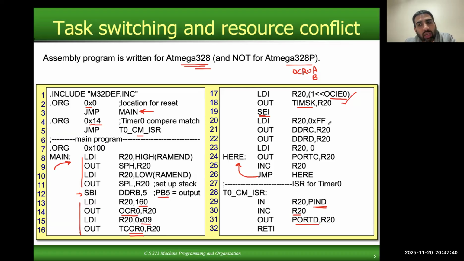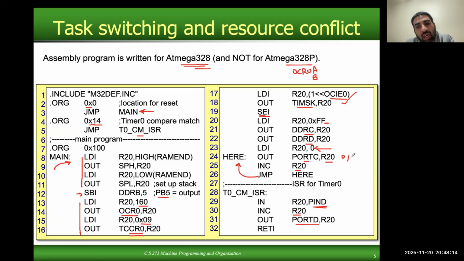After that we are setting port C and port D both as output ports by loading all ones in R20 and then sending R20 to data direction register C and data direction register D. And then we are initializing R20 to 0. And then in the main code, we are running a loop where we send R20 to port C, and then we increment R20 and jump again. So if R20 was initially 0 on port C, you will have 0, then you increment it and then send R20 again to port C.